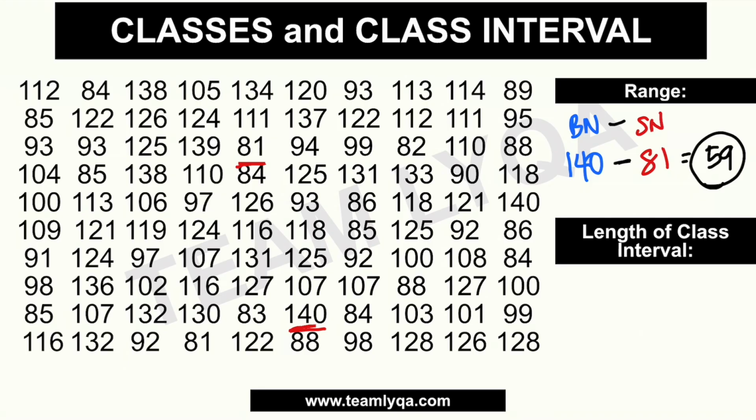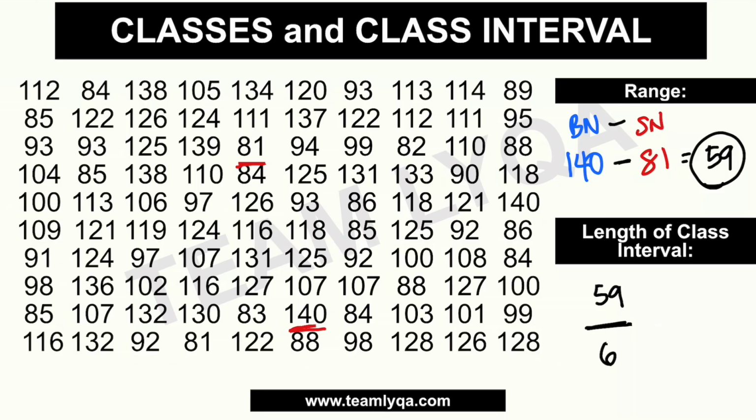Now, kung ang range natin ay 59, so mga around 60 siya, pwede tayo mag-decide on a class interval. Kung pwede natin siyang hatiin sa 6, kunyari, okay? Kung meron akong 6 na classes dito, ang magiging length of class interval ko would be, I will take the range, which is 59, tapos i-divide ko siya sa 6.